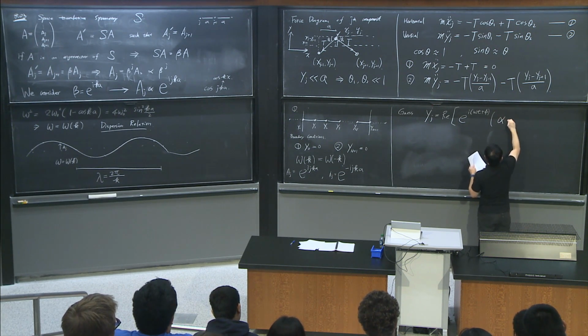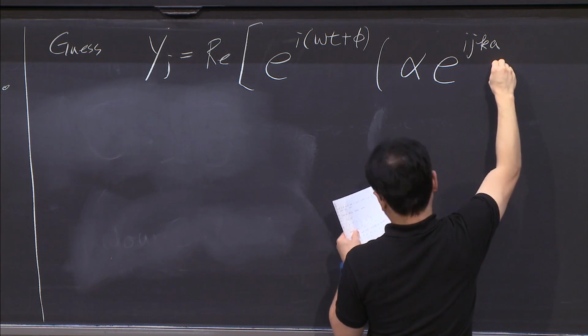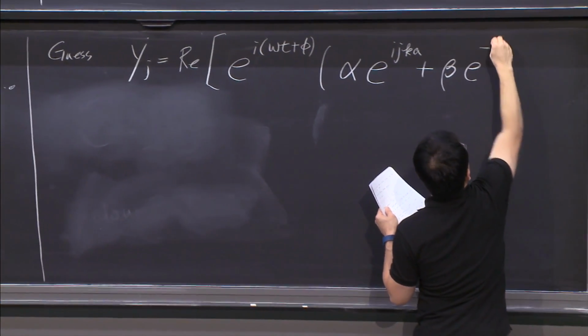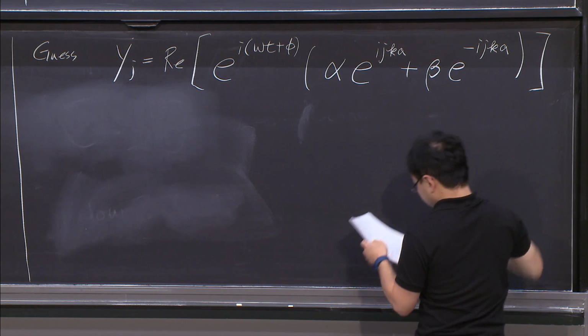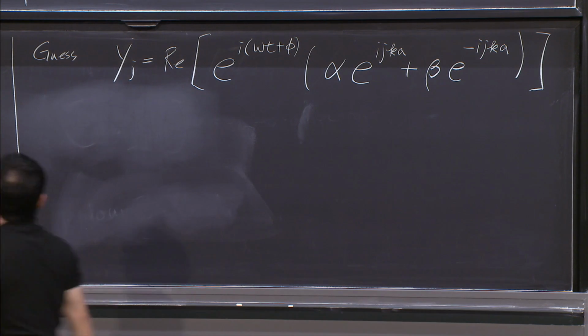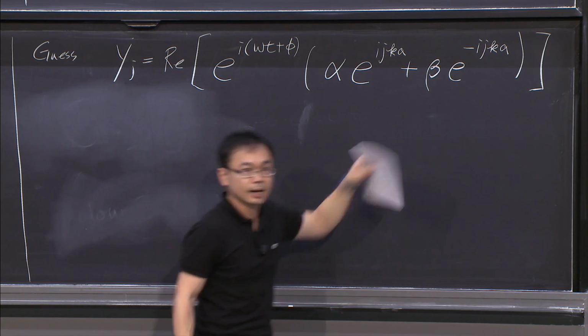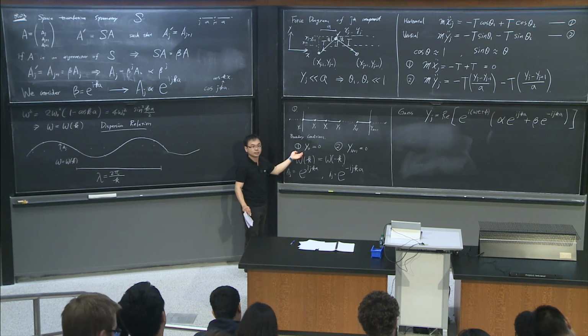Basically, I have alpha exponential ijk plus beta exponential minus ijk. And I would like to determine what alpha and beta are, which satisfy boundary conditions 1 and 2.